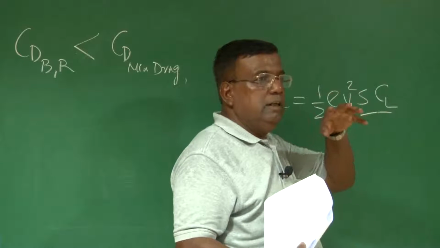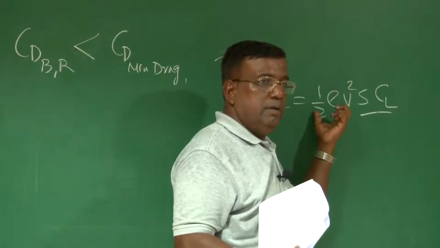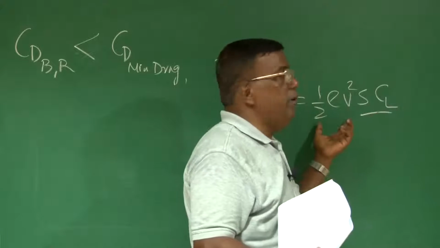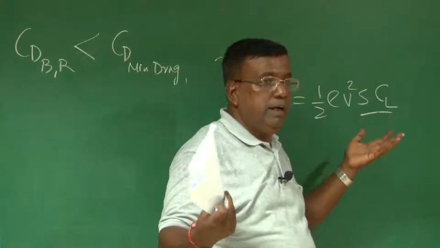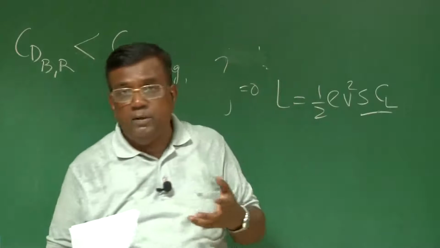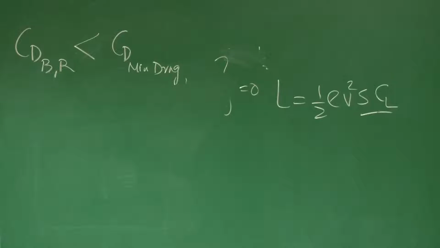But as a designer, you have to give due respect to dynamic pressure, half rho V square, right? Because CL will be 0.2, but still you will be able to take a 10,000 kg airplane in the air because of dynamic pressure primarily. And also why dynamic pressure I am telling? This dynamic pressure will give you an idea how strong your structure should be designed, which your CL will not tell, right?